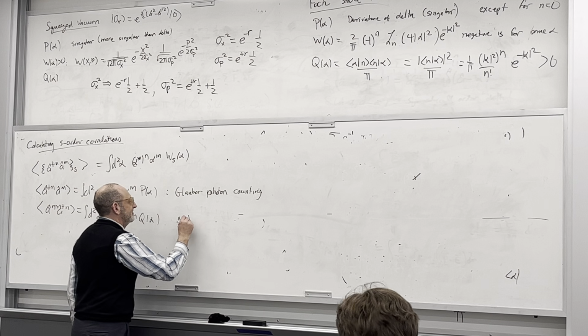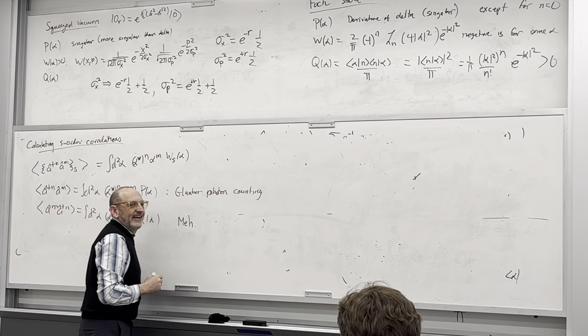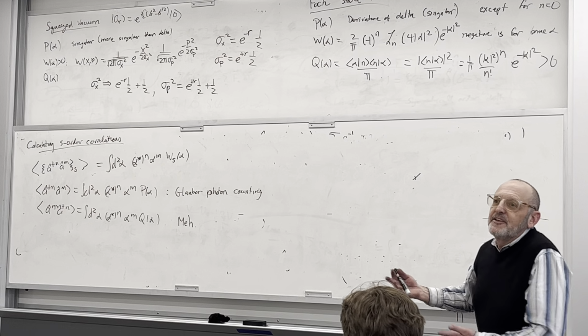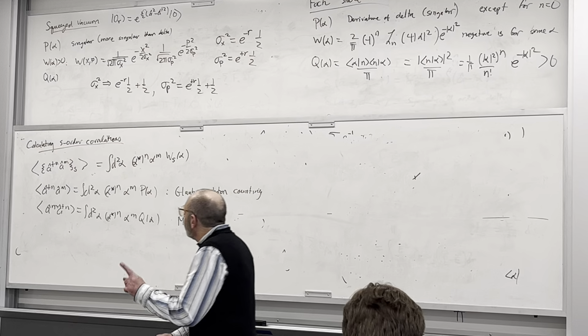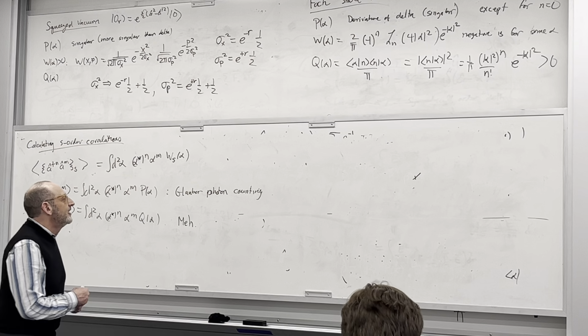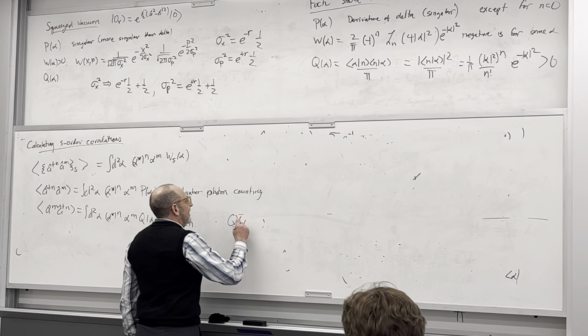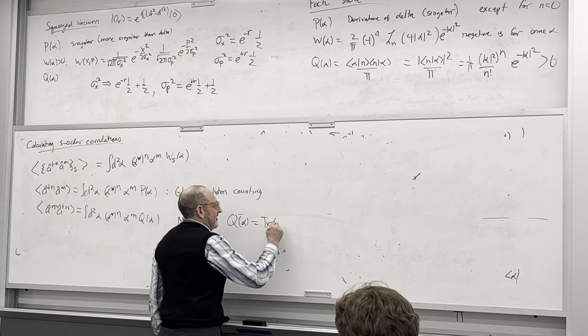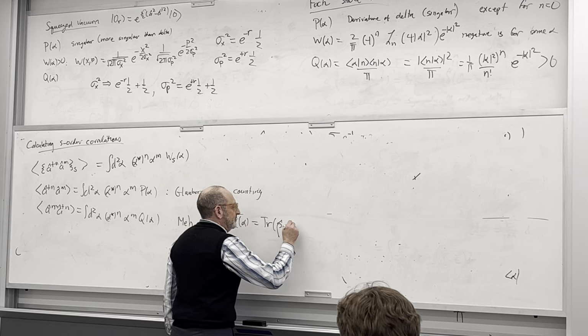Meh. What do we ever use that for? We don't. The Q function really doesn't give a, there's no way to measure that. But what the Q function does tell us is heterodyne.